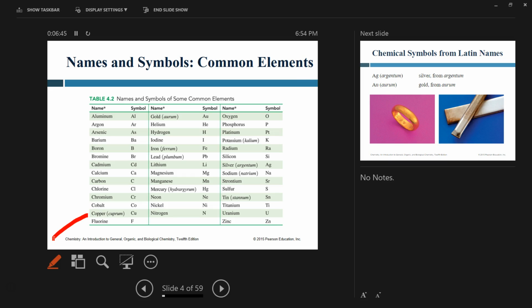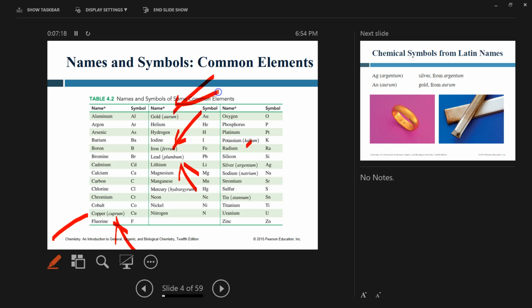standouts. Copper, which by all means should be Co, but carries the symbol Cu, because in Latin its name is cuprum. Okay. Lead is plumbum, so it gives Pb for lead. Iron is ferrum, which gives Fe for iron.